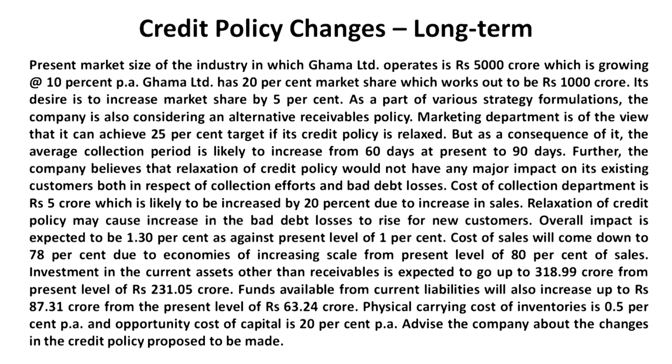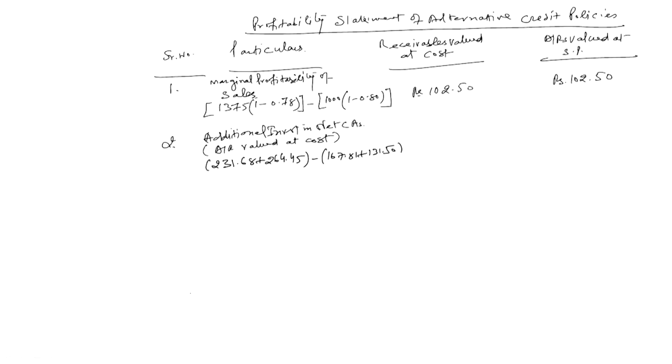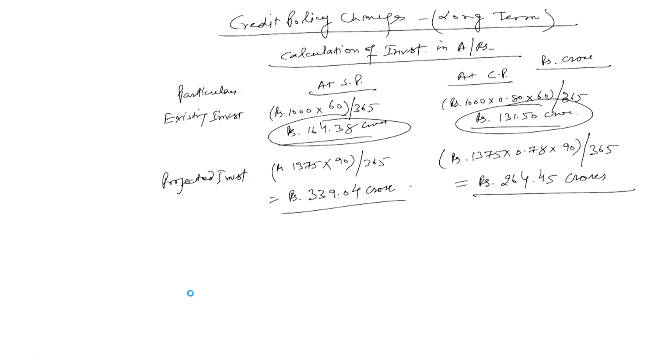And if you take the new investment in the assets here, this investment we are taking here is 264.45. So look at this, how much we have worked out here is 264.45 crores is the investment here.